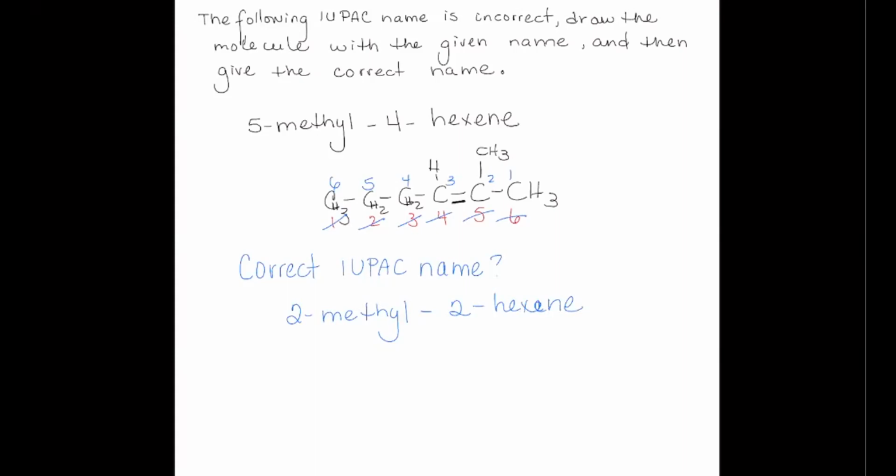It is not the actual name of the molecule. You need to rename it. And the problem will tell you, hey, this name is incorrect. Use it for drawing the molecule, but then rename it, okay? Any questions about a problem like this? I'm not gonna have this in the exam.